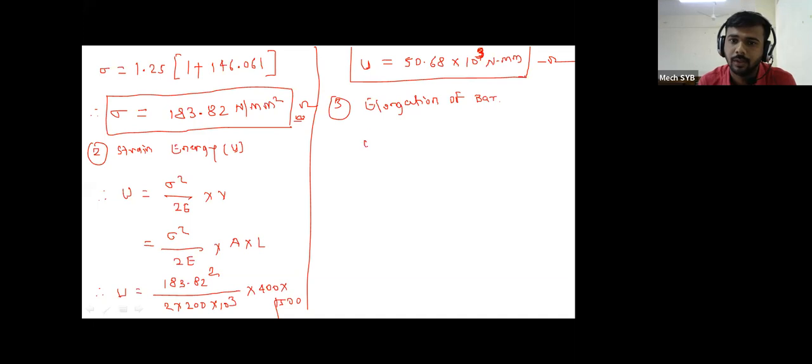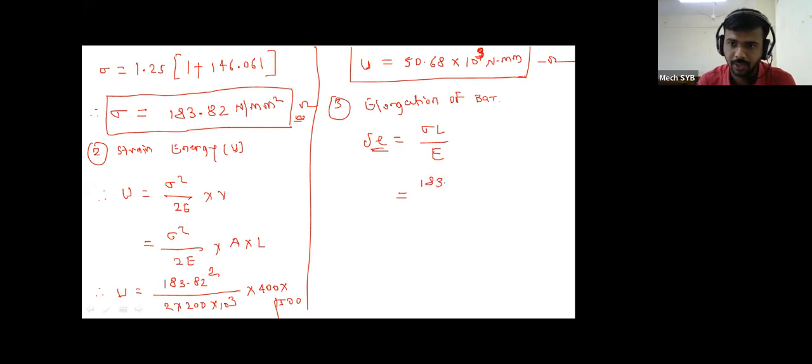Bar. So delta L is equal to sigma L upon E. So this is the formula. Already we have calculated the sigma. So by using that particular sigma only, we have to calculate the deformation.